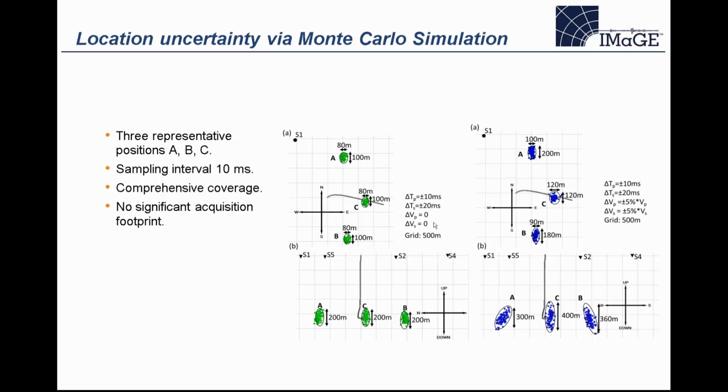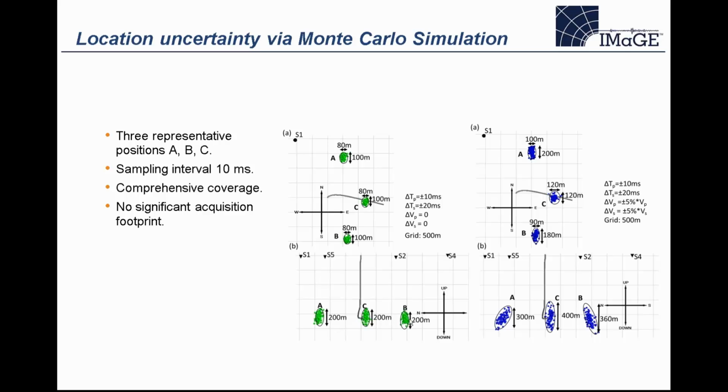Assuming the velocity is well calibrated, we can estimate the epicentral uncertainties: about 80 meters along east and west, and 100 along north and south, because we have a relatively large distance along this way, which I guess explains the differences here. But the dominant uncertainty is the vertical depth.